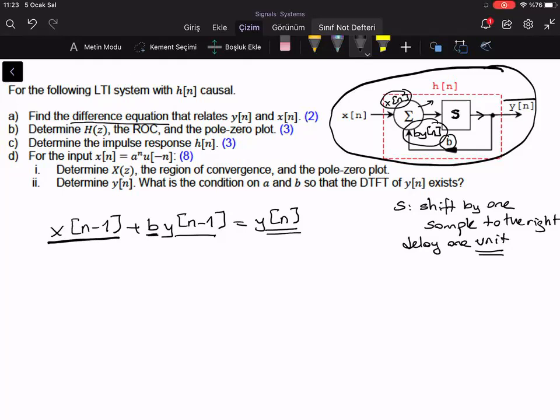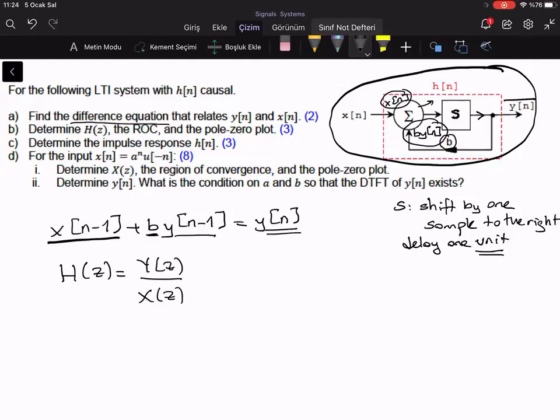Can you tell me what h of z is? How do you find h of z? It is y of z divided by x of z, right?